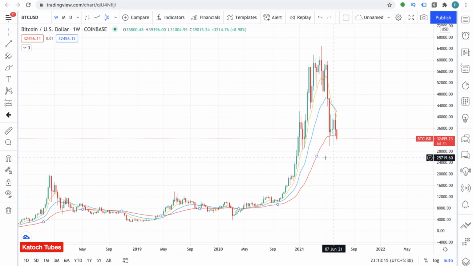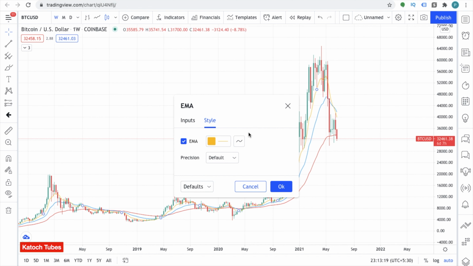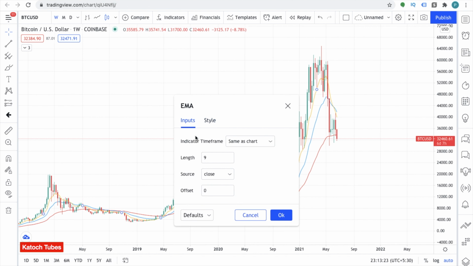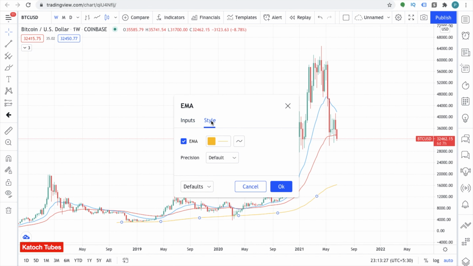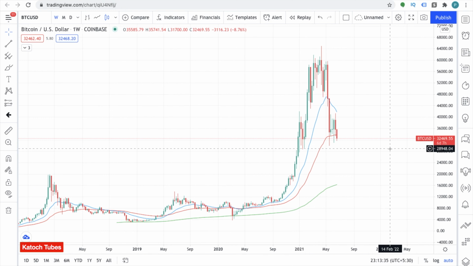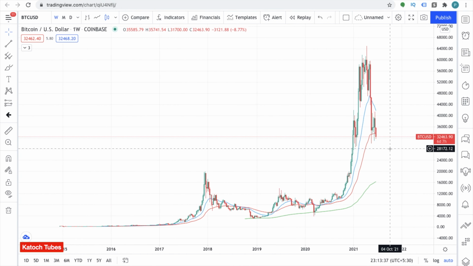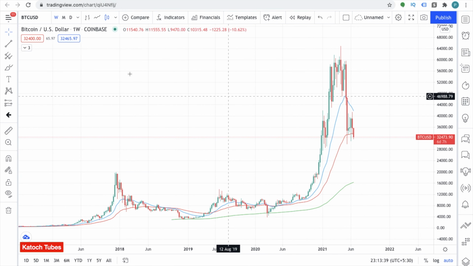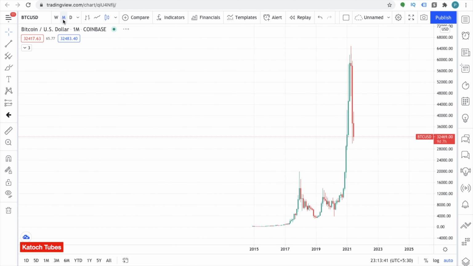So this is red, and now the third one which I will mark is called 200 EMA. Okay, and color is, I always take it as green. Done.